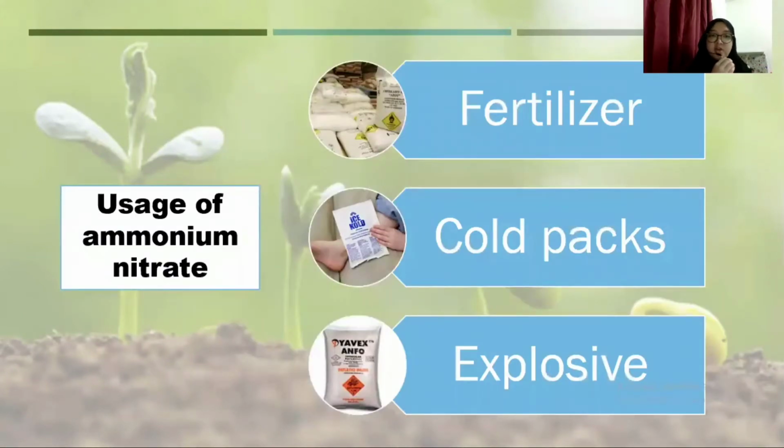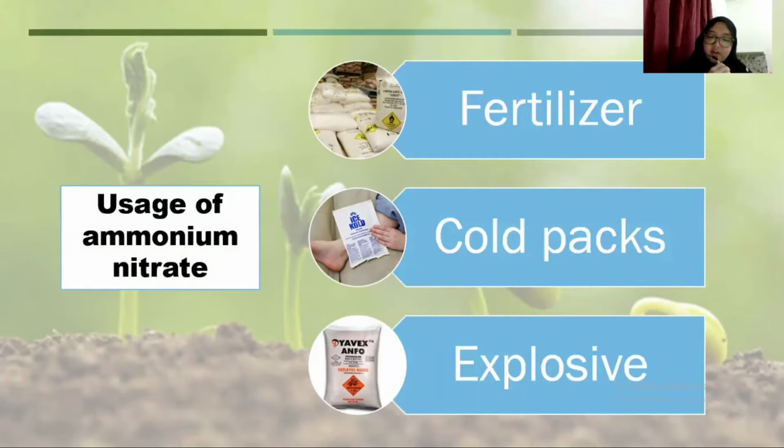The usage of ammonium nitrate. Ammonium nitrate is most commonly used in fertilizers as an excellent and inexpensive nitrogen source. It is also used in coal packs. It is also used to manufacture explosives as it acts as a strong oxidizing agent.